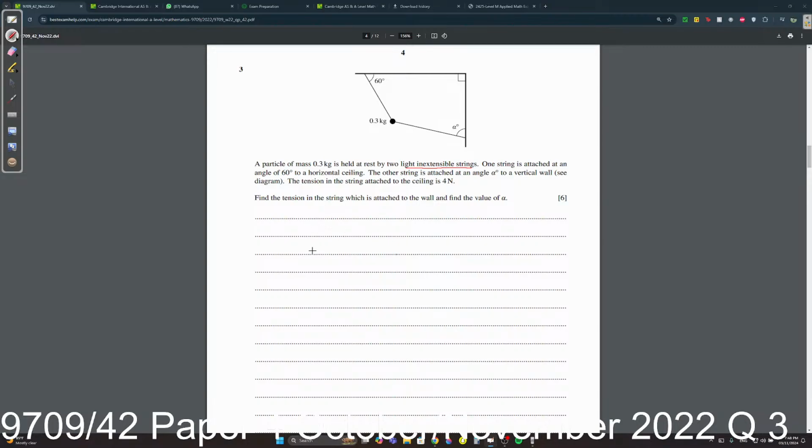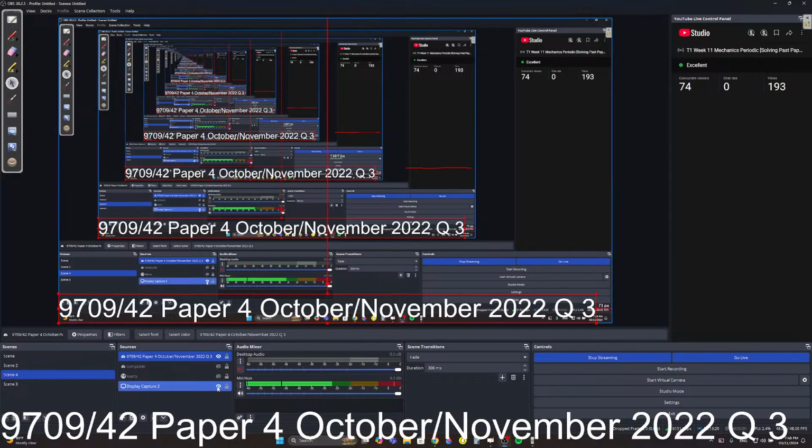So for this one, we're going to draw the FBD first. To draw the FBD, I'm going to write down steps. I'm going to use Microsoft Edge because I can scroll down in the file.